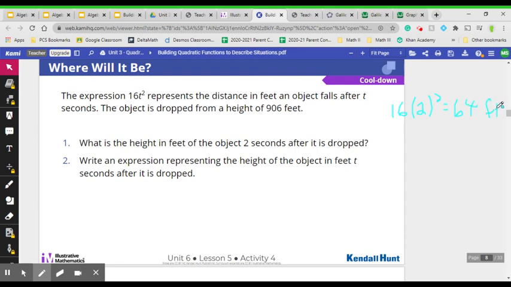So if I know that I've gone 64 feet, I would just need to take away 64 feet from 906. And that subtraction would give us an answer of 842 feet. And that would be the answer for part 1 of this closing problem.